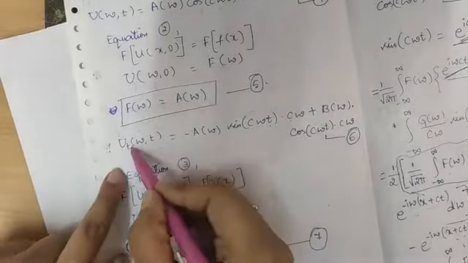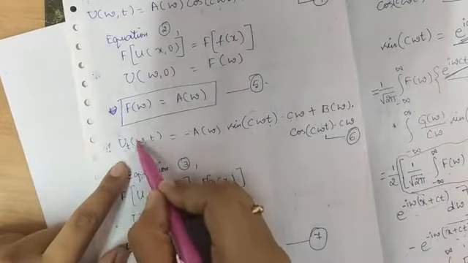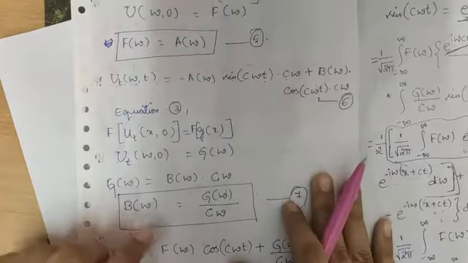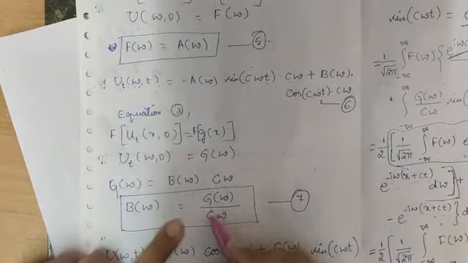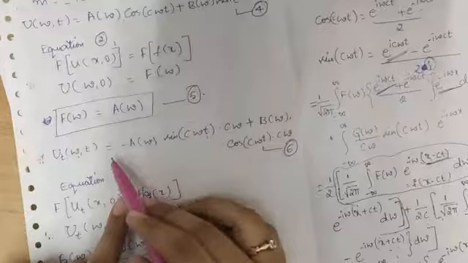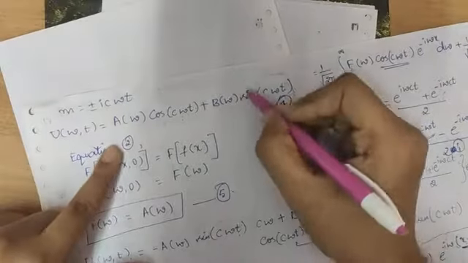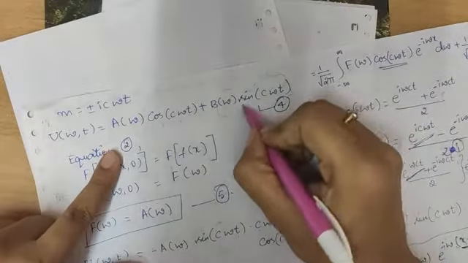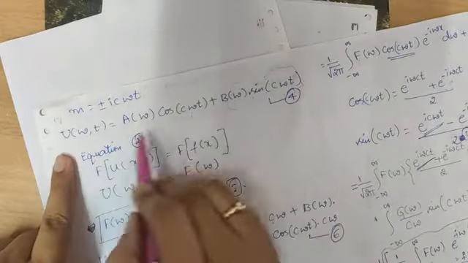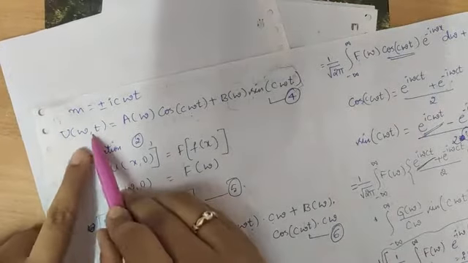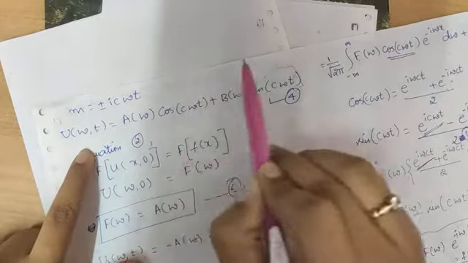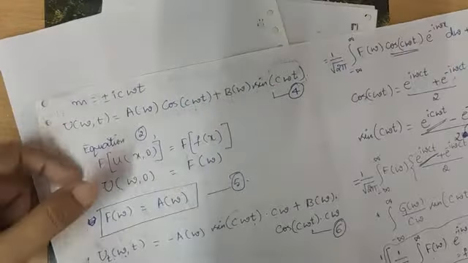Why? Because here if I give u t of omega comma t as 0, your b of omega will become 0. So in your equation number 4, this whole term vanishes. So your equation will be just u of omega comma t is equal to a of omega into cos c omega t.